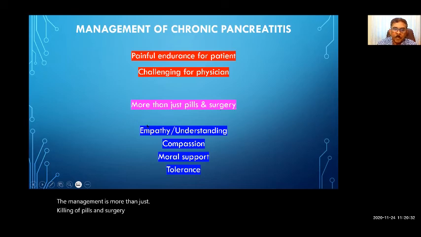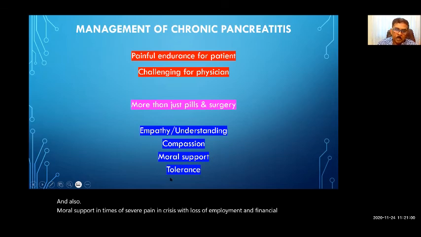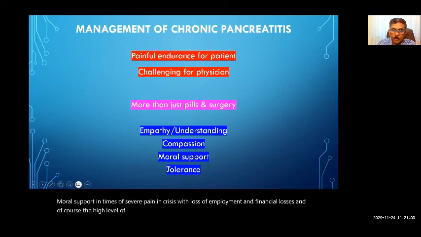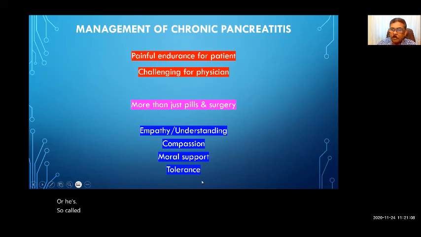Okay, the management involves a great deal of empathy and understanding of the patient's behavior and symptoms, some degree of compassion towards him, and also moral support in times of severe pain and crisis with loss of employment and financial losses, and of course, a high level of tolerance for his so-called nuisance at your clinic for many years.